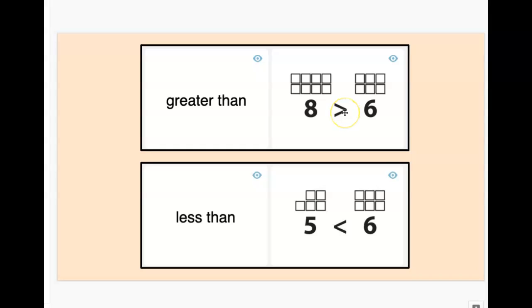That helps us to remember. When we read our less than symbol, we're reading that 5 is less than 6 because 5 is a smaller number than 6, and our monster always wants to eat the big number. We're going to use our symbols when we start to look at our clues.